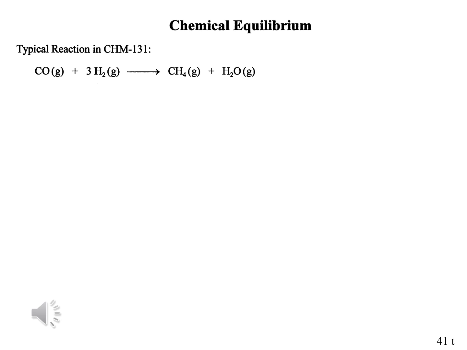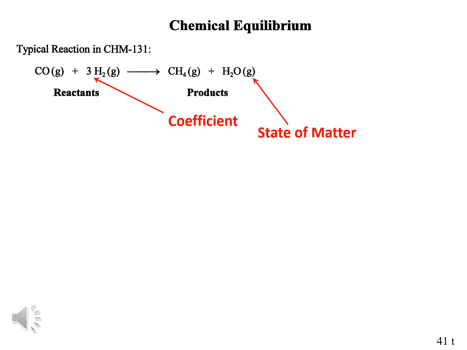Everybody has seen reactions like this last semester, and you know that these equations have several characteristics. First of all, the substances on the left are reactants because they're reacting together, and the ones on the right are called products because they're produced.